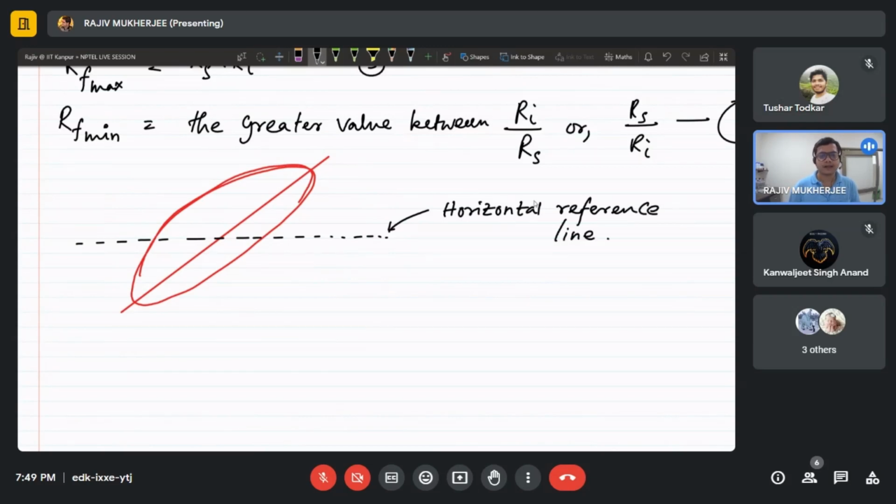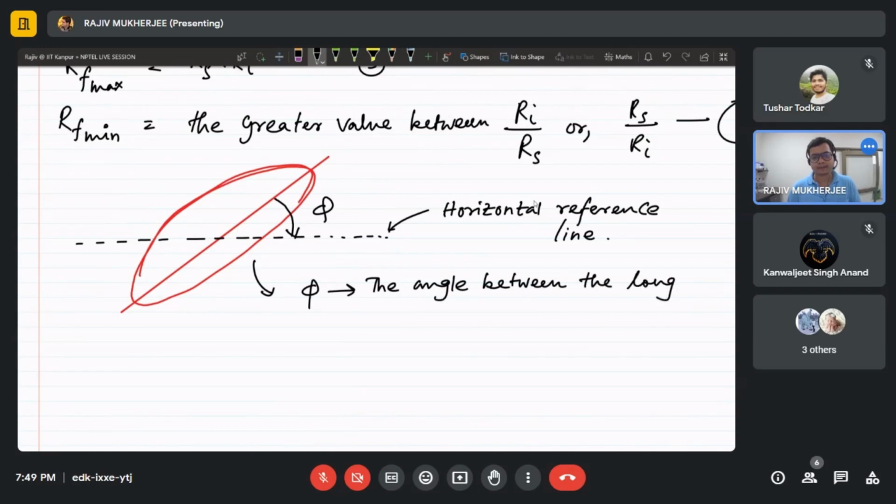So phi is the angle between the long axis of the elliptical marker and the horizontal reference, measured clockwise.